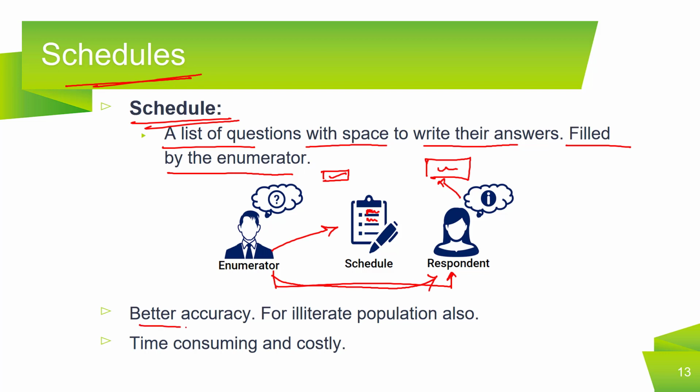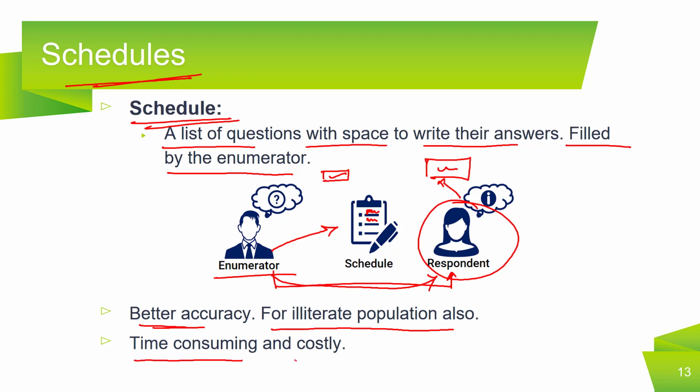Now here the advantage is it has better accuracy and it is very flexible, because depending on the situation you can add or remove certain questions also. Further, it is also applicable to illiterate population, because even if the respondent is not familiar with reading and writing, the enumerator can dictate the question and the respondent will answer it verbally, and the enumerator will write down the answer, right?